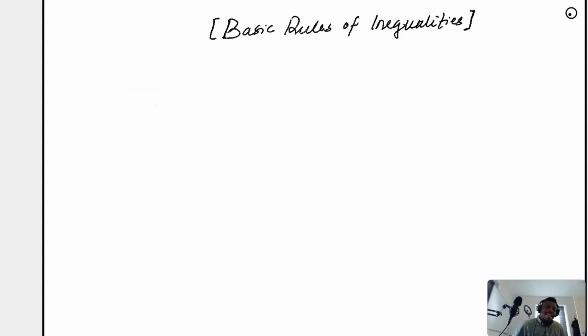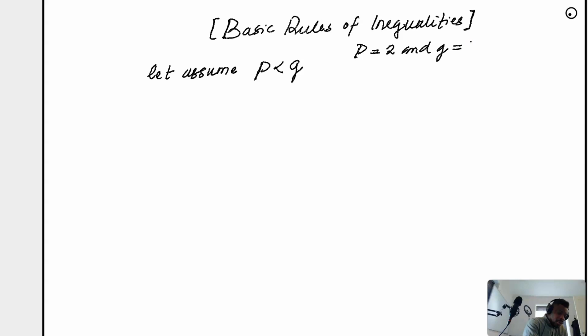Now let's take the basic or the fundamental rules of inequalities. Okay, let's assume P is less than Q. For an example, let's say P is equal to 2 and Q is equal to 4, right?